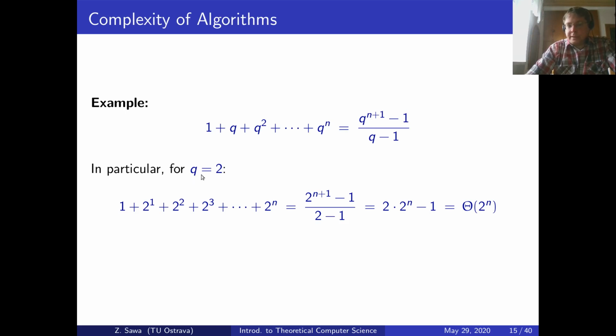In particular, if q is equal to 2, we would obtain this. Here we have 2 minus 1 is 1, and this could be written as 2 times 2 to n. So we can see that this is something which is in theta 2 to n.